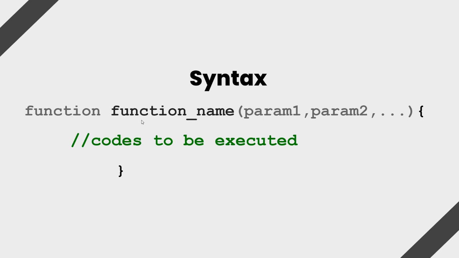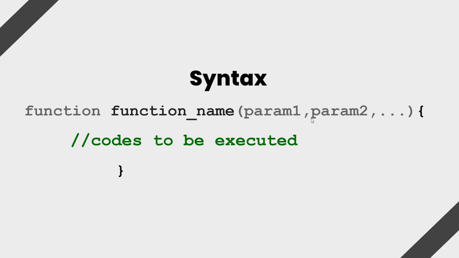For this, I just went with function underscore name, which represents the name of the function. After this we have our bracket with our parameters inside. So you have param1, param2, and you can have as many as you need. Always remember to separate the parameters with the comma symbol.